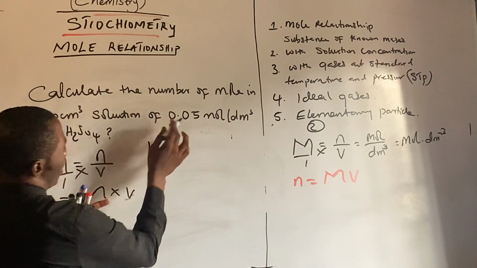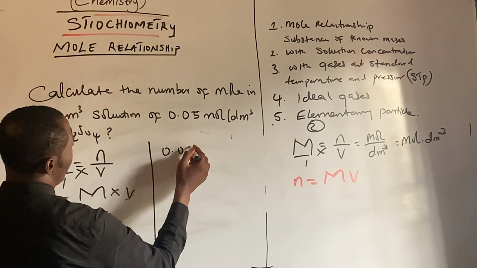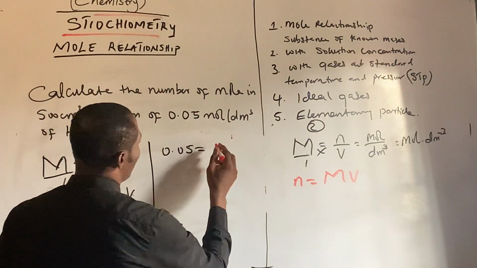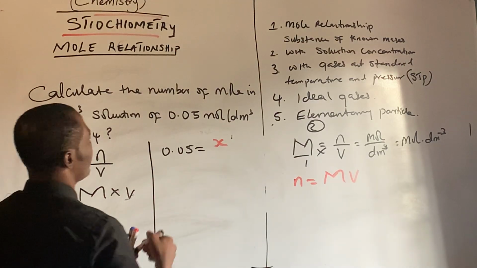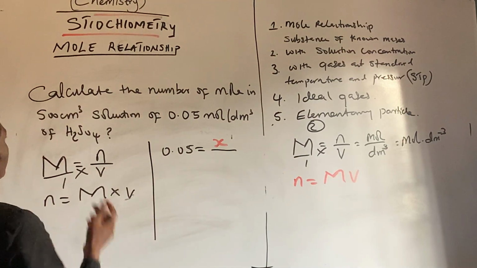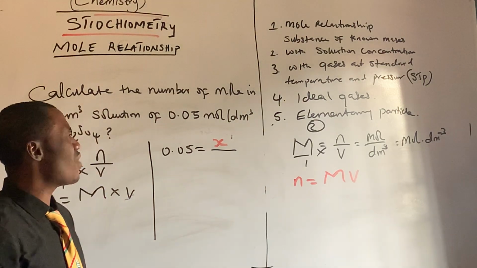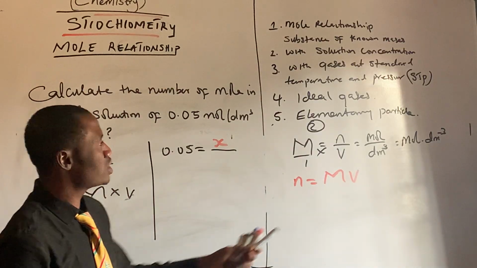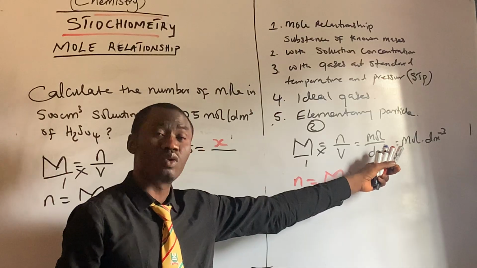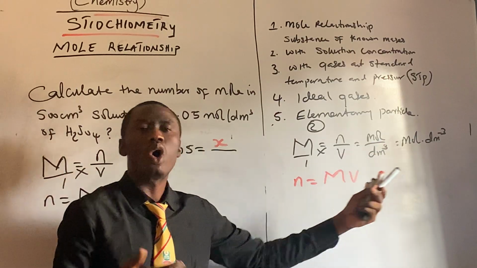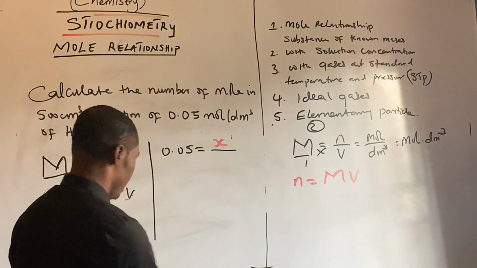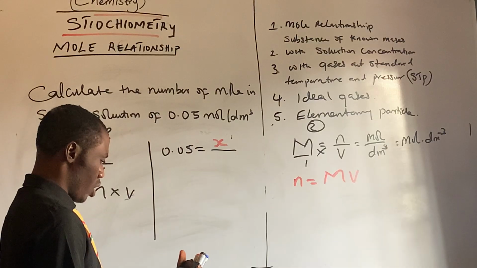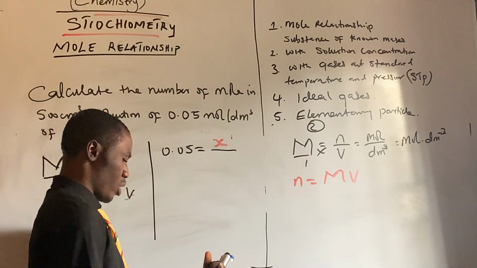Now, the molarity here is 0.05, which is equal to number of mole, which I don't know, so I put X over there. The volume is 500 cm3, and I'm going to convert the volume to dm3 by dividing 500 by 1000, because mole calculation is done in dm3 or in liter. That gives me 0.5.